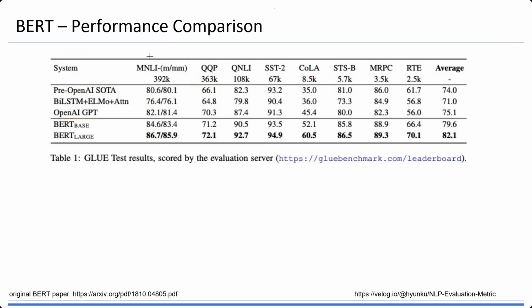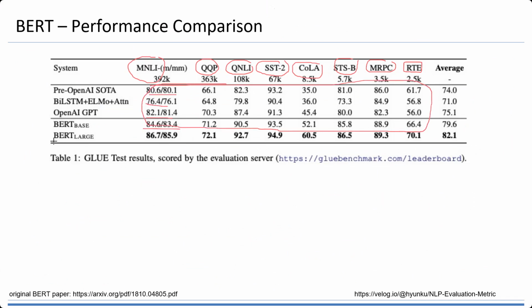We call them MNLI, QQP, QNLI, SST, COLA, STS, MRPC, RTE. And the numbers will be shown here, and the higher number is the better.